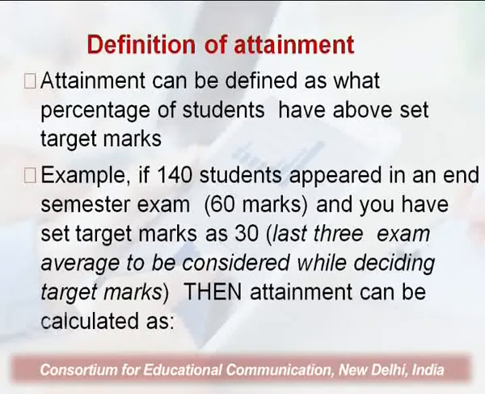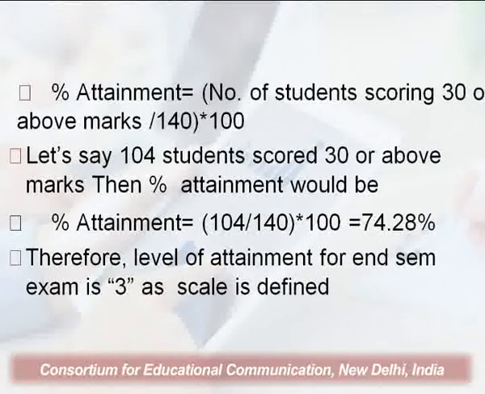For example, if 140 students appear in an end semester exam of 60 marks, and you have set the target marks as 30, that is the last 3 exam average, considered while deciding the target marks, then the attainment can be calculated as follows. The percentage of attainment is equal to the number of students scoring 30 or above marks divided by 140, into 100.